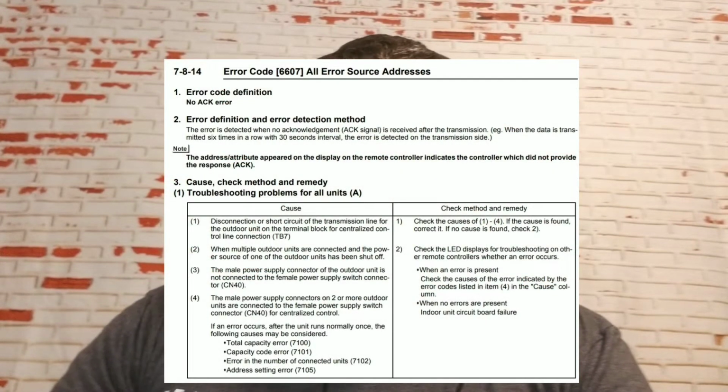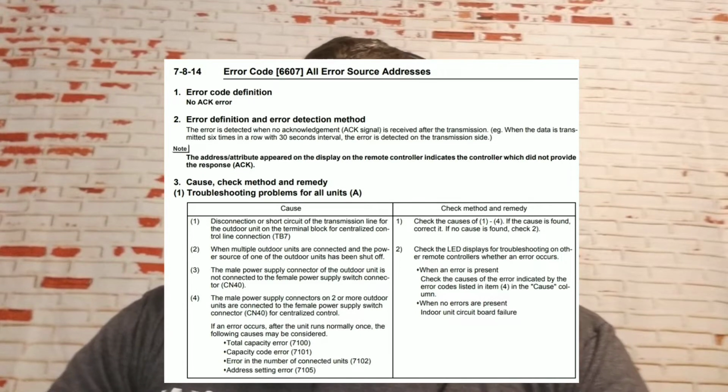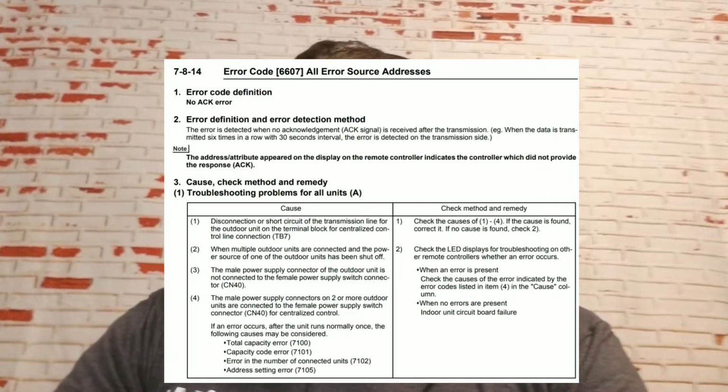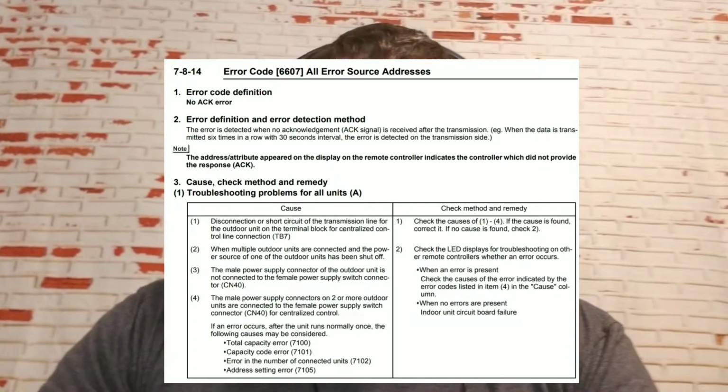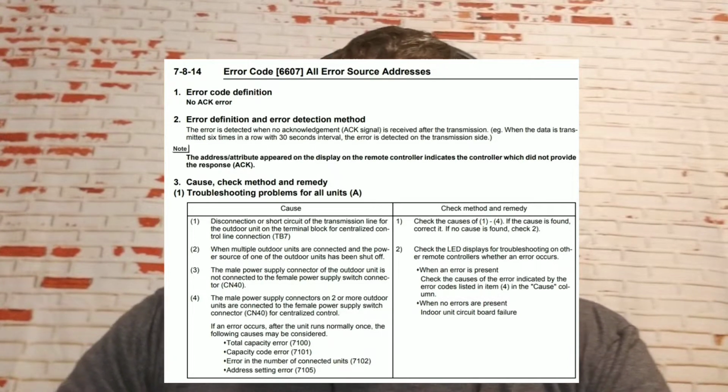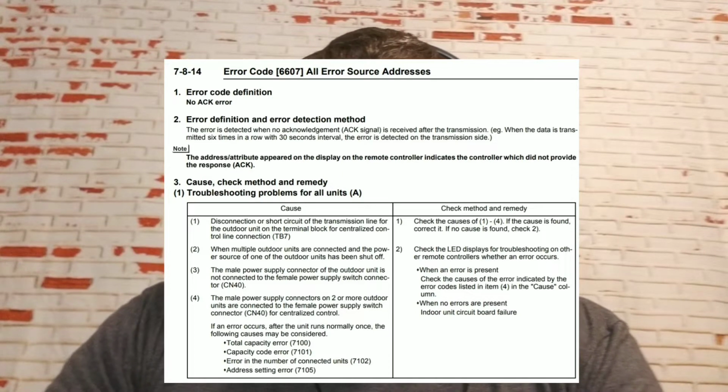There's actually a bunch of different communication errors, but of all of them, I see the 6607 the most. So, things that will cause a 6607: a broken communication wire, a loose communication wire, a communication wire that is too long, a communication wire that is run in the wrong gauge of wire, or that has a shield or doesn't have a shield, whatever's called out.